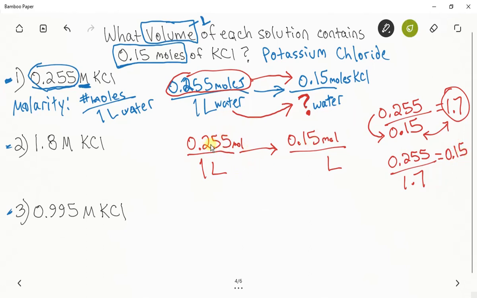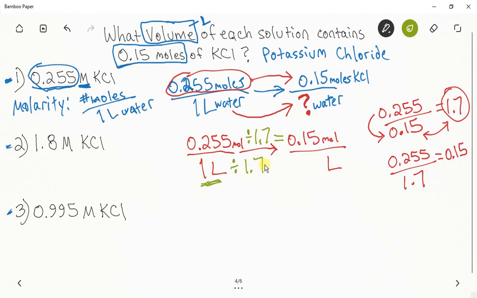We're going to take this 0.255 moles and divide it by 1.7, and that's going to give us our 0.15 moles. Now, what we do on the top, we have to do on the bottom. So we have this 1 liter over here, and we need to divide that 1 liter by 1.7.